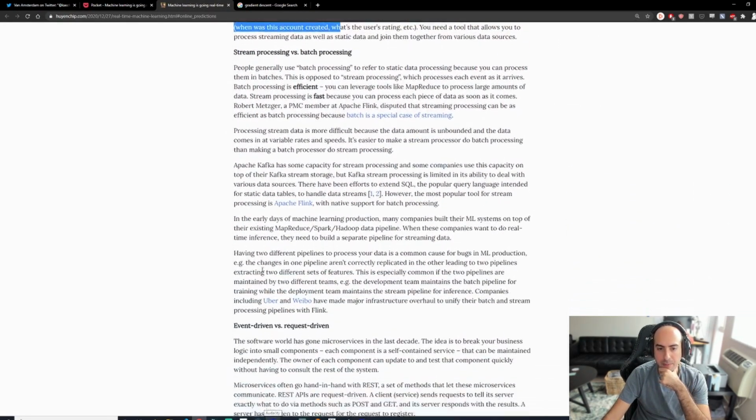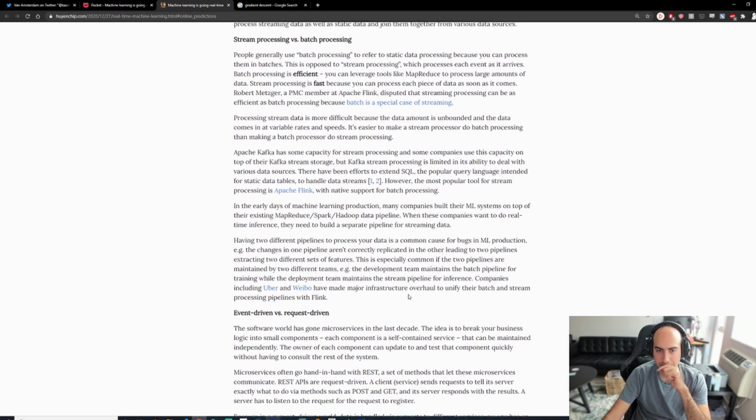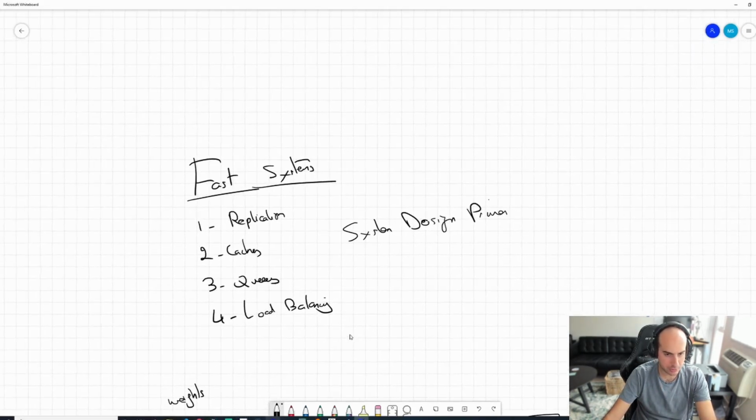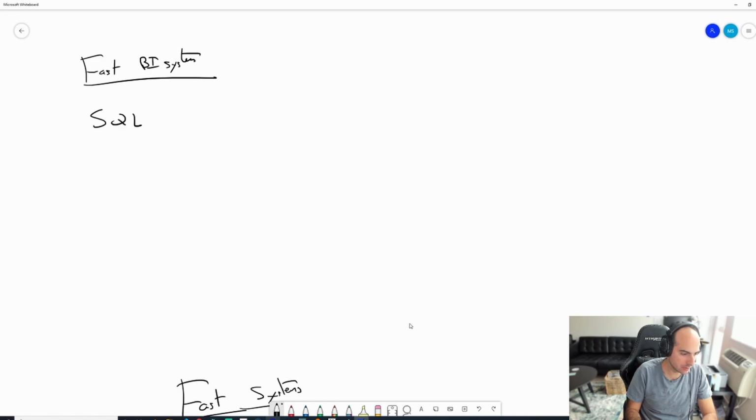And so, for example, when people talk about stream versus batch processing, there are a couple of tools here that are very famous. Historically, if you look at fast BI systems, the gold standard is SQL. It's one of the oldest and most widely used pieces of software we've historically used, so it's great and very useful.